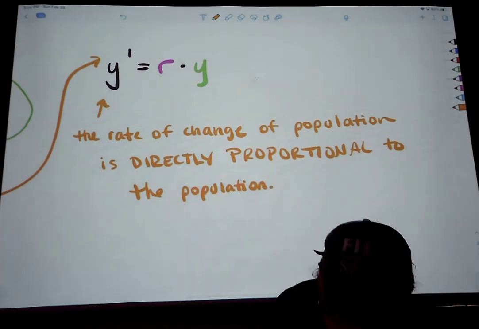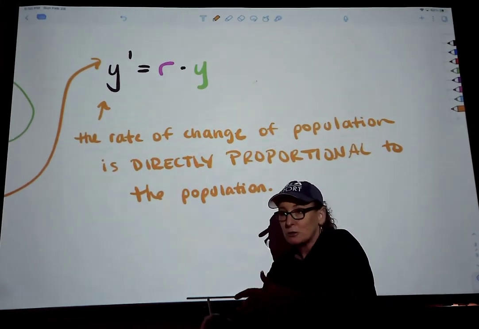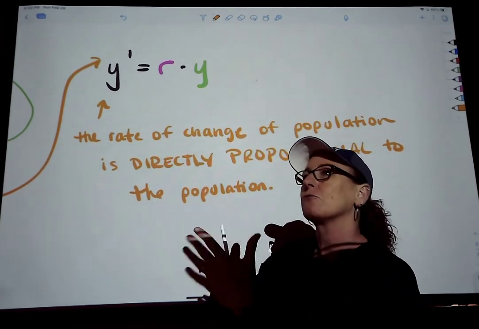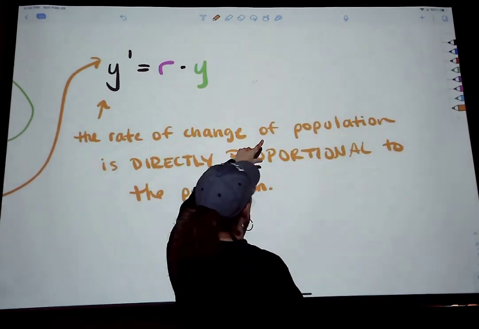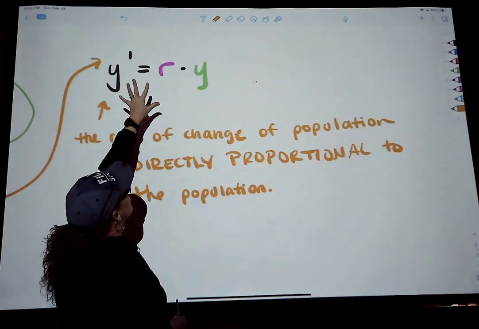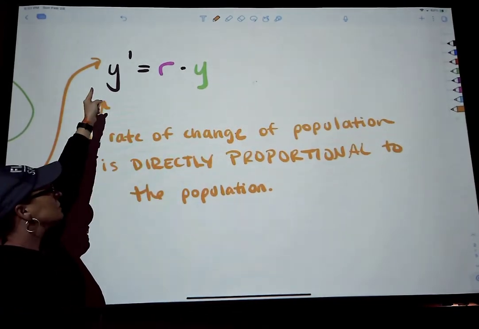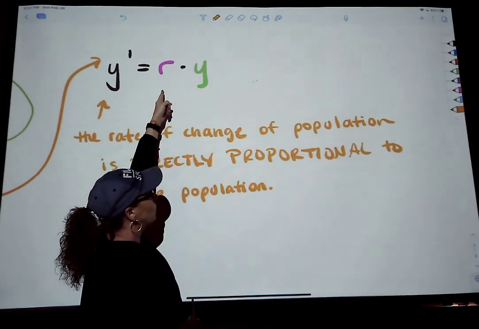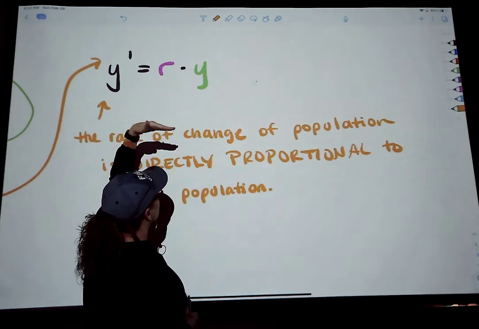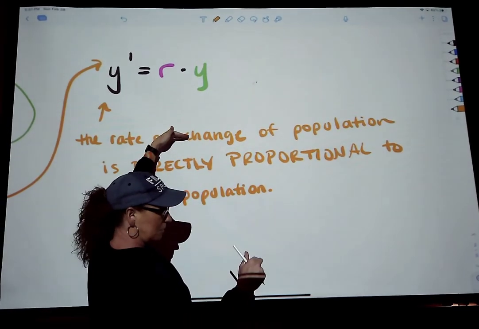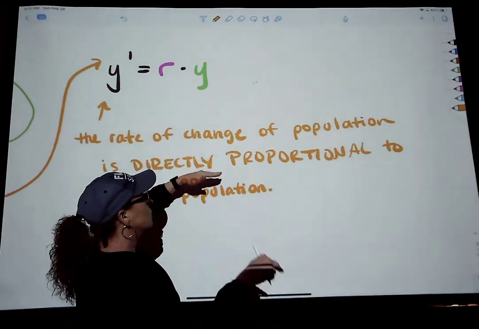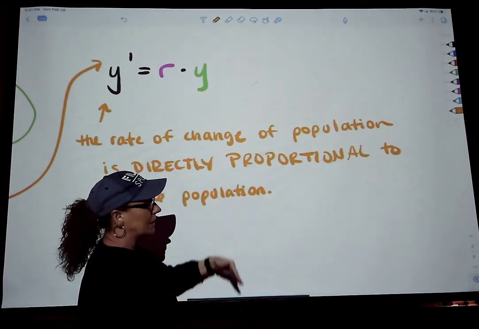I'm not being redundant here. I'm not saying the population is proportional to the population. No. The rate of change of population, the derivative, is proportional to the function. The rate of change of the population is proportional to the actual population.